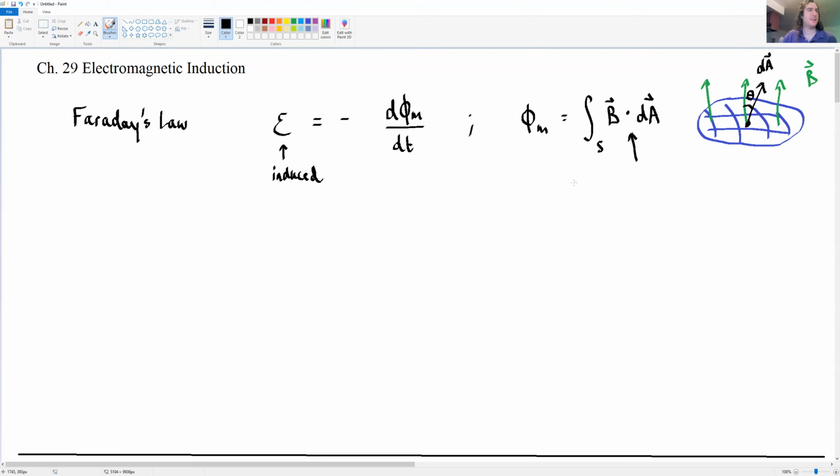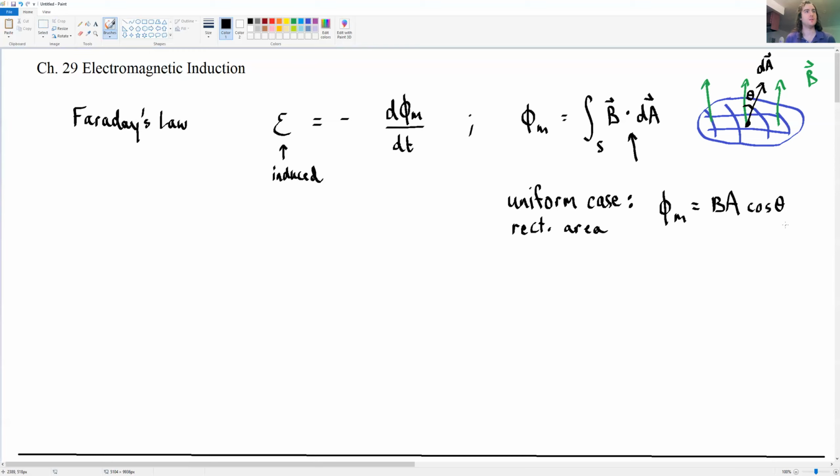Okay, so a nice simple thing to remember is if you have a uniform magnetic field case, so you have a uniform magnetic field and you just have a rectangular area, then this kind of complicated integration simply becomes B times A. And then maybe if there's an angle between that rectangular area and the magnetic field, then you'd have a cosine theta here.